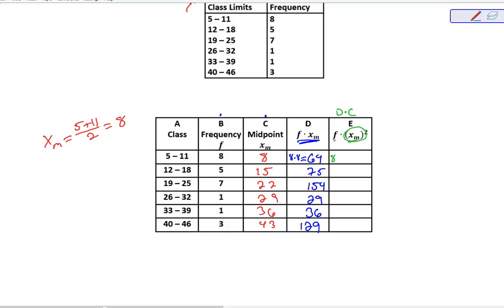So it's basically 8 times 8 squared, which is going to give me 512. So if I square my 15, that's going to give me 225. Multiply that by 5, I get 1,125.